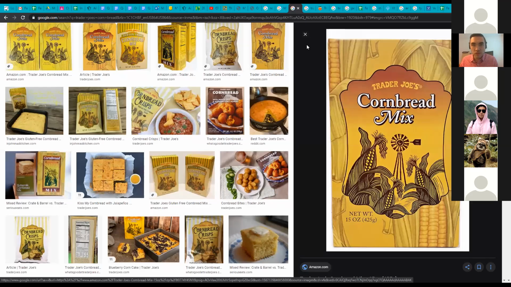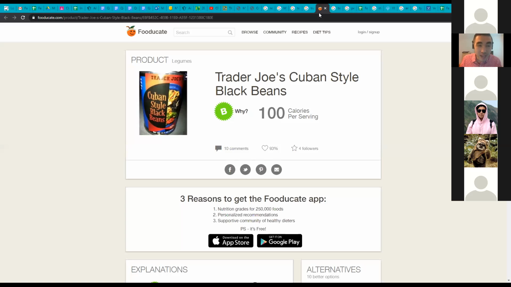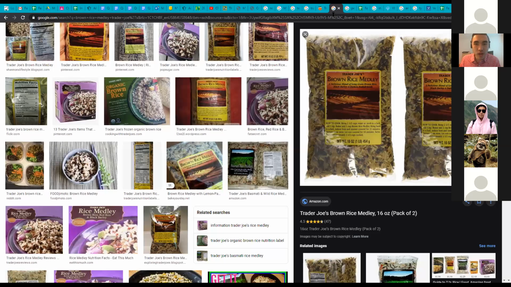So that's one component of this meal. Next component of this meal is the protein. So Trader Joe's, and this has suddenly become a Trader Joe's commercial, Trader Joe's pre-seasoned pollo asado, delicious. It's just chicken, right? A can of black beans, a bag of brown rice, all from Trader Joe's.